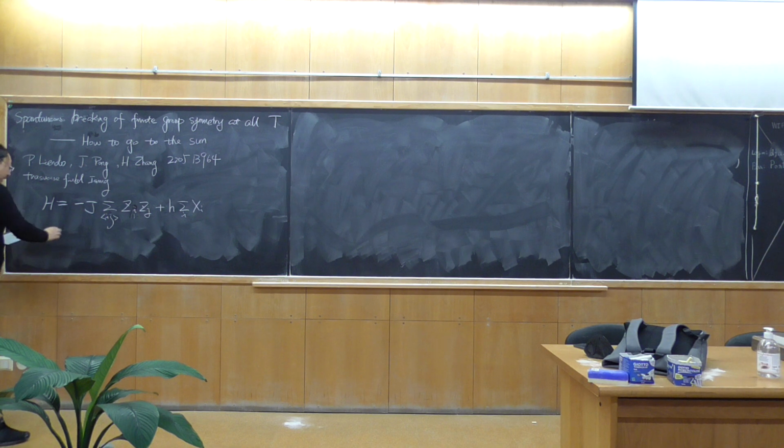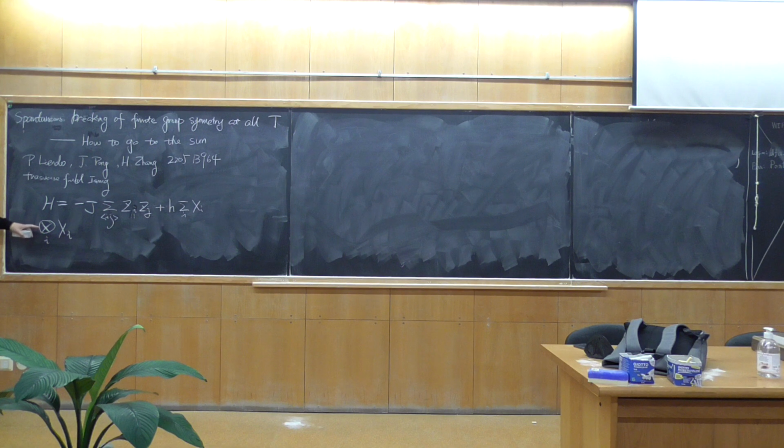So this Hamiltonian has a global Z2 symmetry, and it's easy to show that this operator, the tensor product of the X matrices of all the spins, all the lattice sites, commutes with your Hamiltonian.